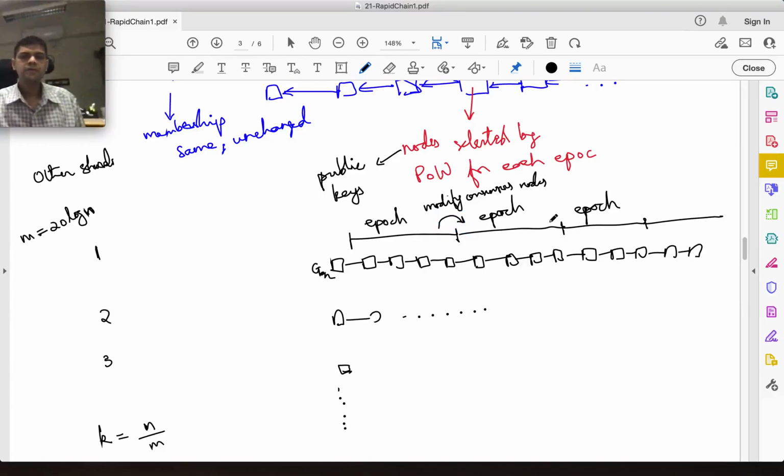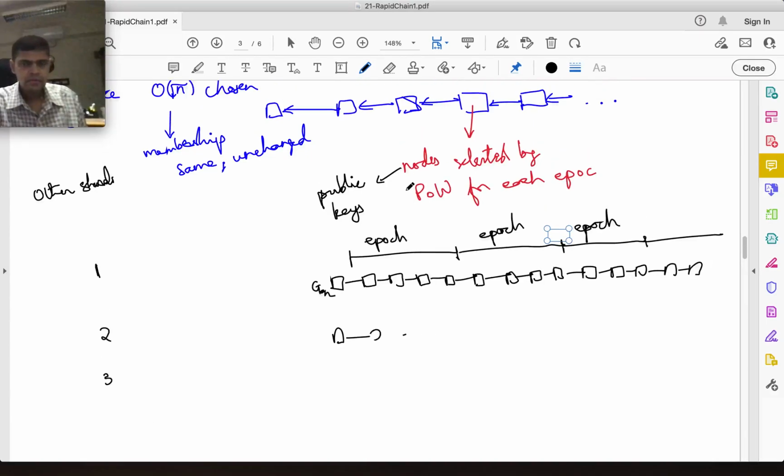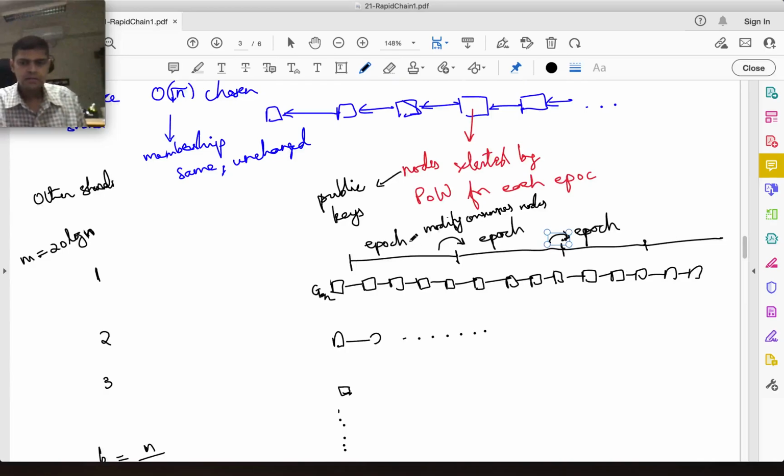There's going to be some modification when we go from this epoch to here. Also, we are going to allow new nodes, if they want, to join and take part in the consensus.